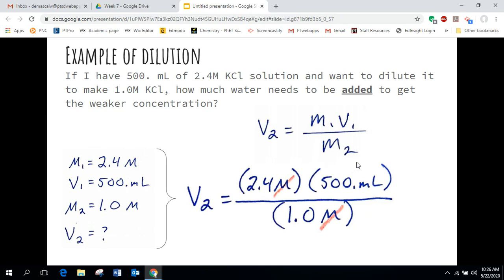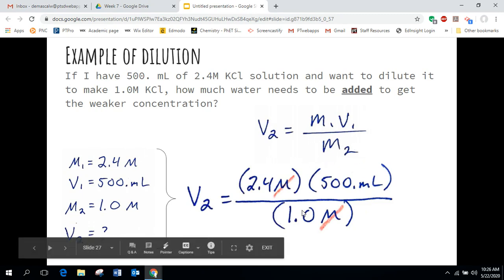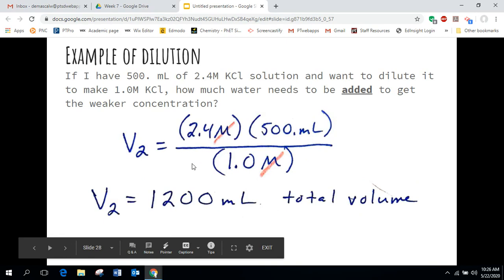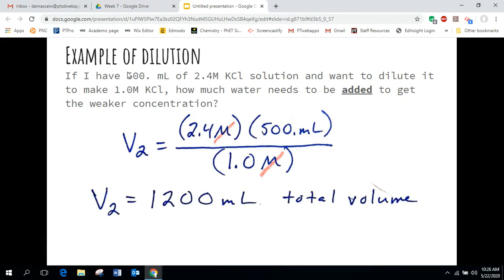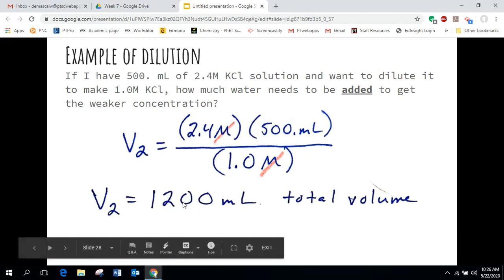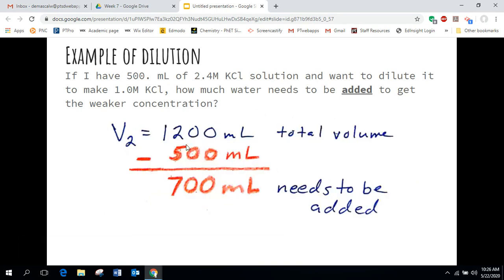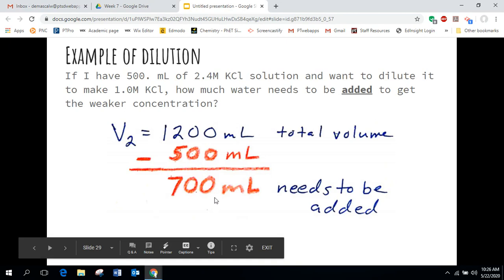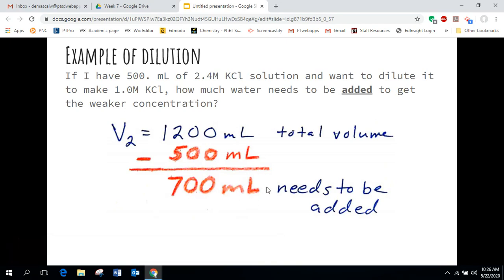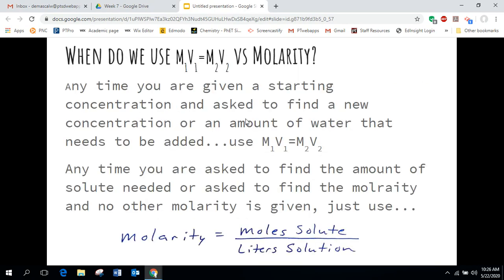We plugged in the volume we wanted to get, 1 molar, and that gave us 1,200 milliliters. If we add water to this to make the final volume 1,200 milliliters, we would have 1 molar. So to get that scenario, we would have to add 700 milliliters to what we already had to get a 1 molar solution.